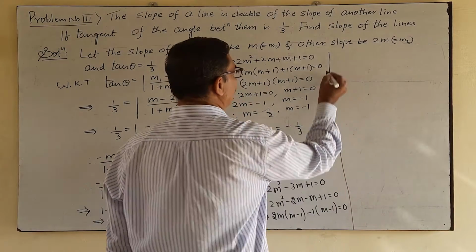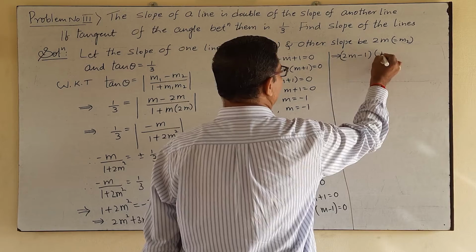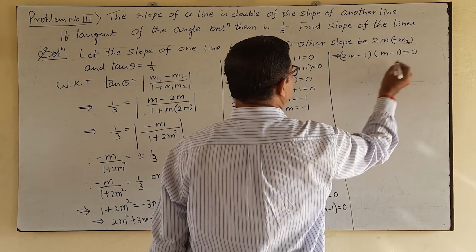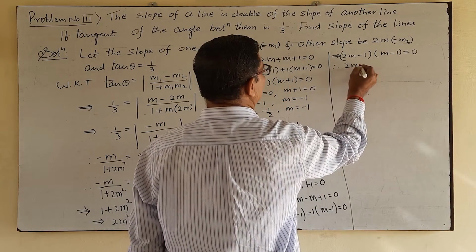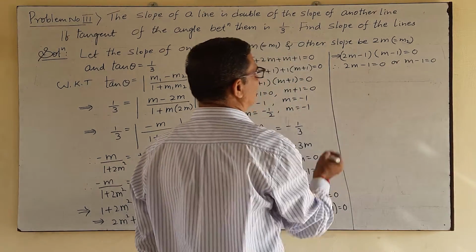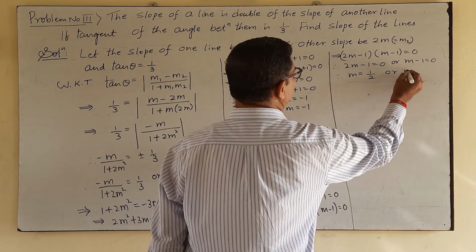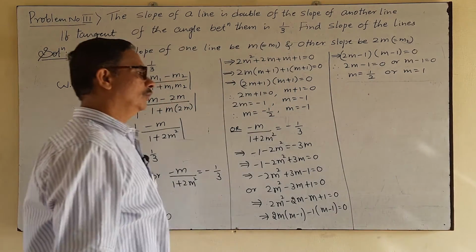Therefore first factor 2m minus 1, second factor m minus 1 is equal to 0. Therefore 2m minus 1 is equal to 0 or m minus 1 is equal to 0. Hence m is equal to 1 by 2 or m is equal to 1.